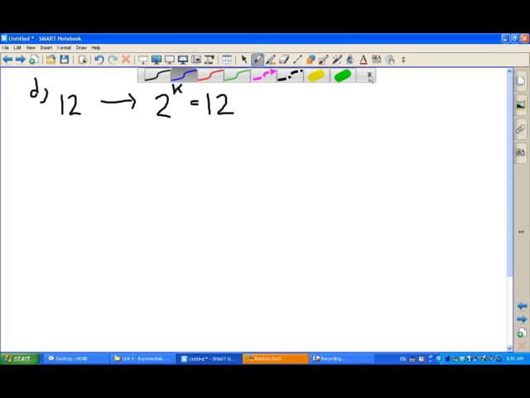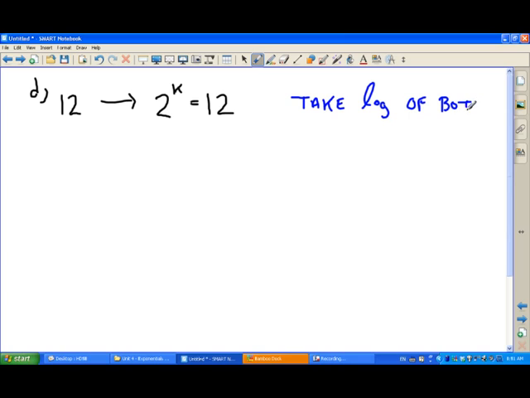And from what we did last unit, we can take the common log of both sides. So if I find the common logarithm of 2 to the power of k, set that equal to the common logarithm of 12, I can use my power law of logarithms to bring down the power of k.